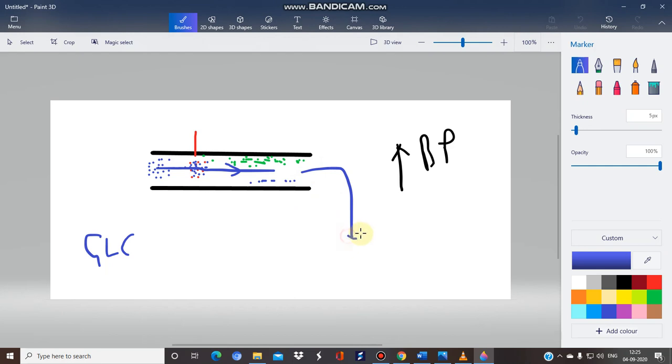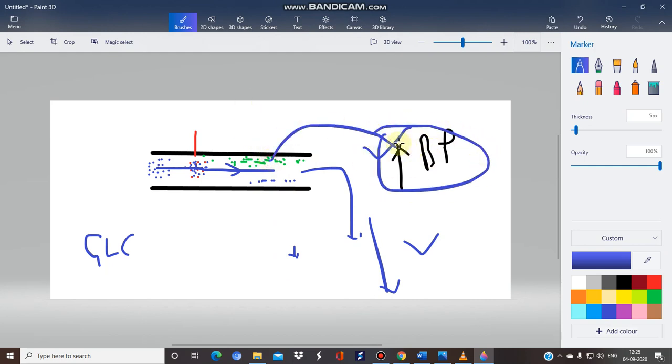The compounds which have low boiling point will elute first. And when we start increasing the temperature of the oven, the compounds present in the mixture that have a high boiling point will elute later, because the nature of the stationary phase is a high boiling point liquid. Okay, so I think this is clear. So this is the process, how the separation takes place in GLC.